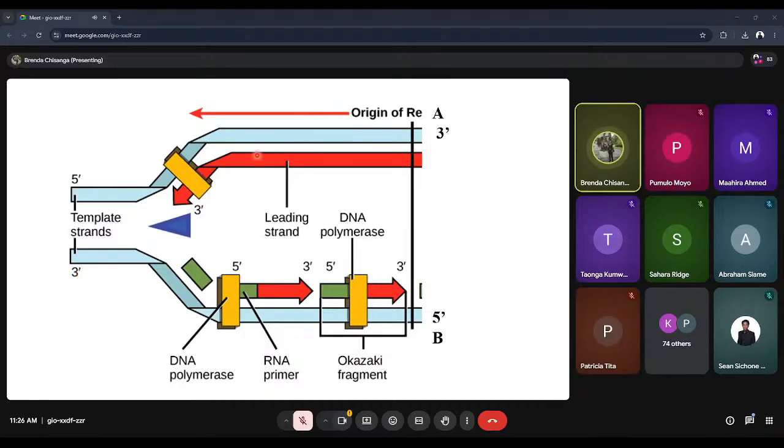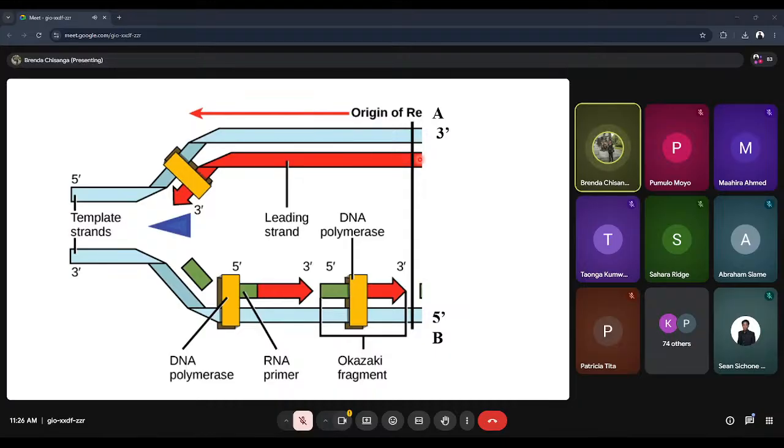We can start with strand A. Synthesis must take place from the 5' to 3' direction. So then, we're going to assume there must be a small primer there. If the primer is synthesized at this junction, it's going to offer us a free OH group, and we can synthesize continuously in this direction.